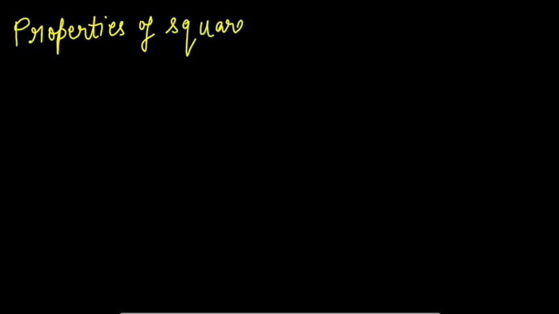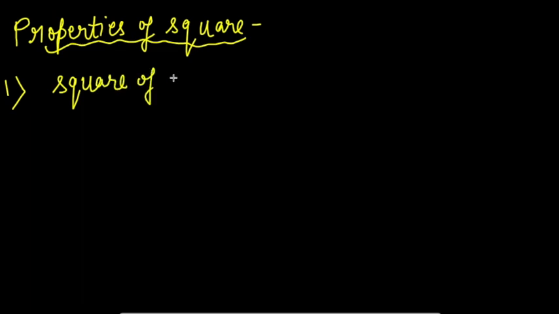Now I will talk about the properties of squares. Okay, so the first property which I am talking about is the square of any even number. The square of an even number will always be an even number, right?